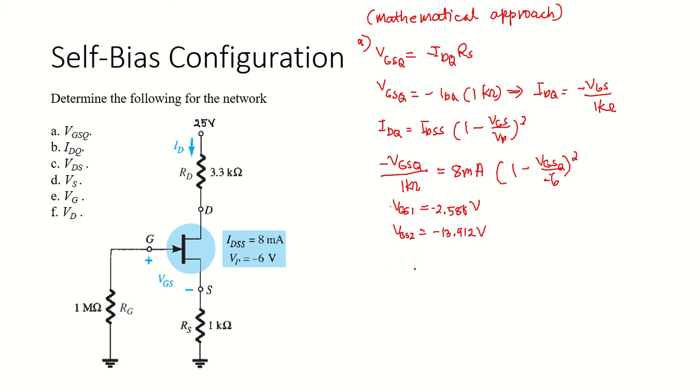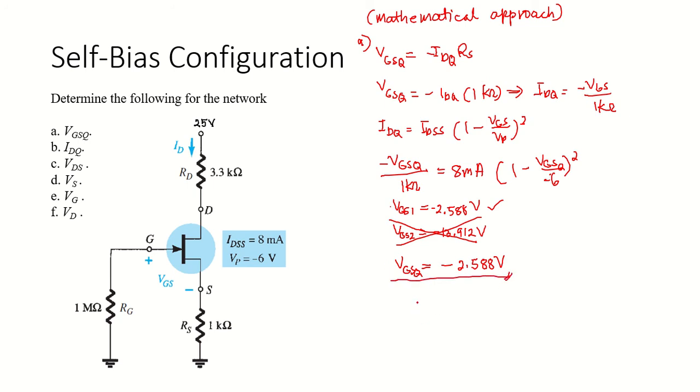Since the value of VGS cannot be greater than the pinch-off voltage, negative 6 volts, we will disregard the second value of VGS and accept the first. So our VGSQ will be equal to negative 2.588 volts. This will be our answer.